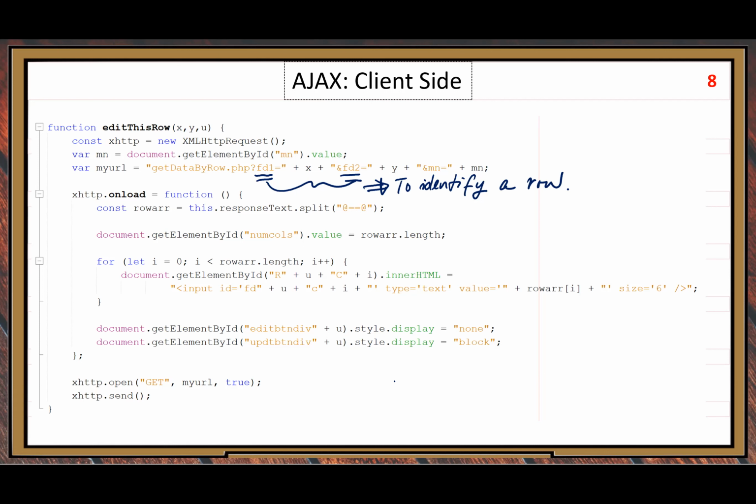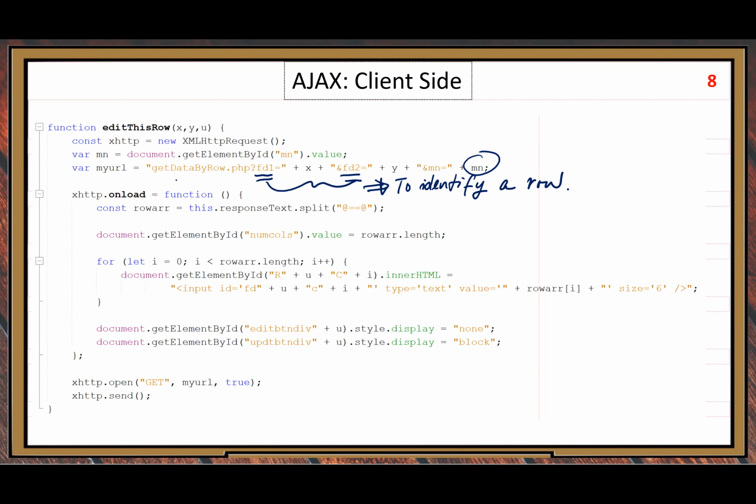And the data I want to retrieve, the third parameter, is the table number. Each table corresponds to 1 parameter number, so we need to pass it to the back end.